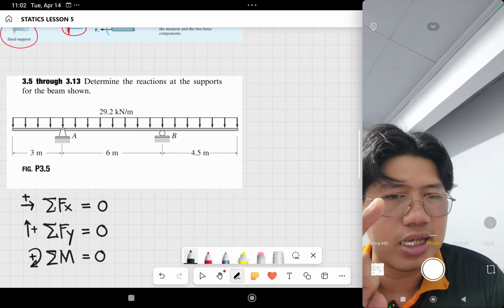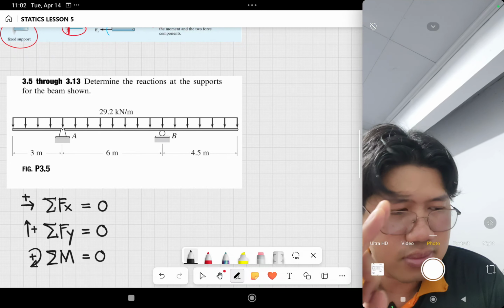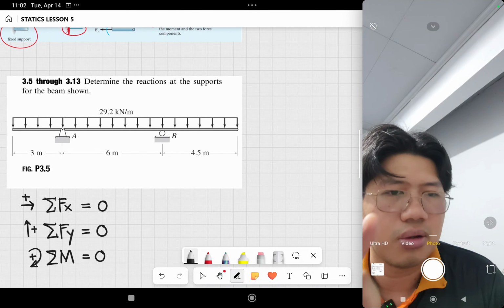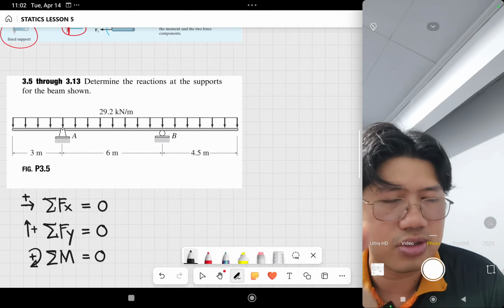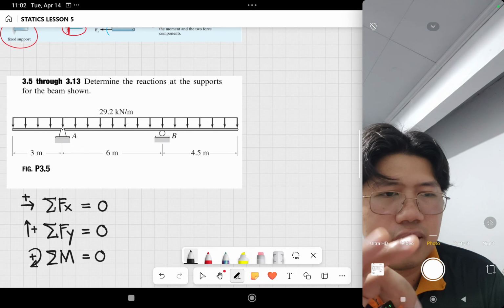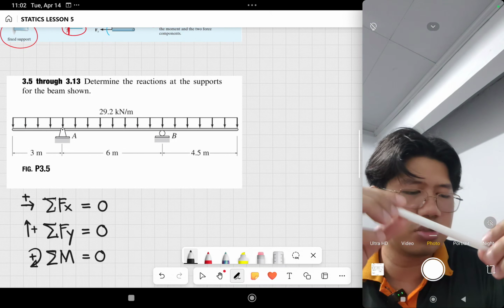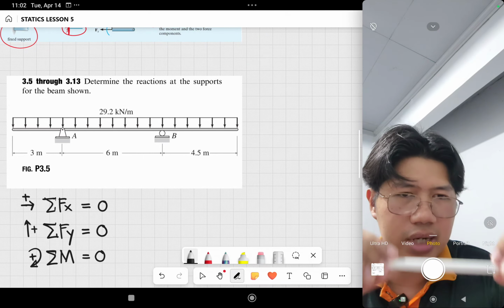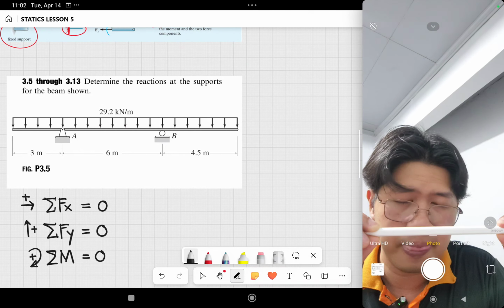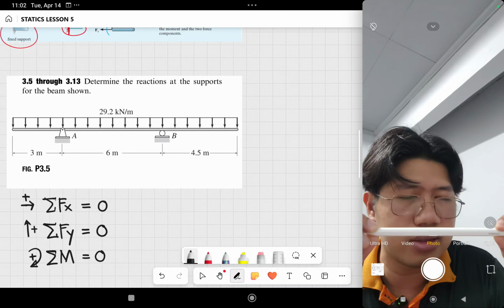Ibig sabihin, lahat ng mga forces that tend to produce a rotation will also balance themselves, no? Hindi ka magkakaroon ng seesaw action. Hindi ka magkakaroon ng swaying action, no? Mananatili siyang straight, kung paano siya naka-orient originally.